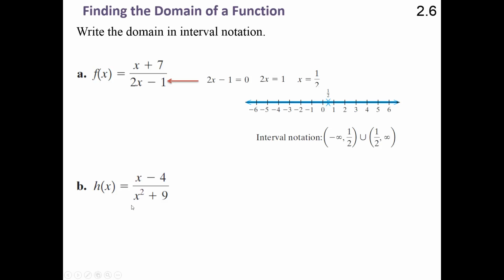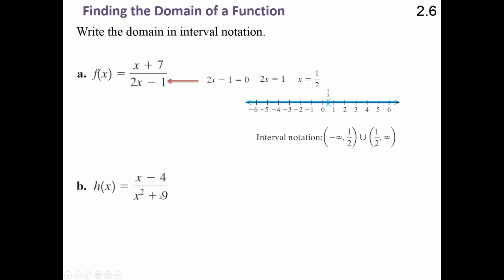Okay, in part B, we have another rational function. So again, it's a fraction, and again, we have to look at the denominator and think about what points, if any, we'd have to exclude so that the denominator's never 0. Well, in this case, the denominator is x squared plus 9. Well, x squared is never negative, right? If you take a positive number and square it, it's positive. If you take a negative number and square it, it's still positive.